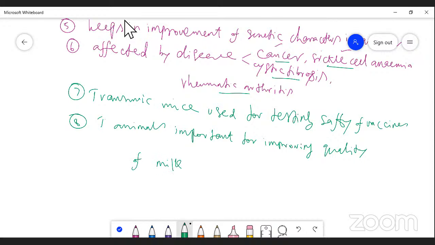Improve the quality of milk, meat, and also eggs, and woolen products.